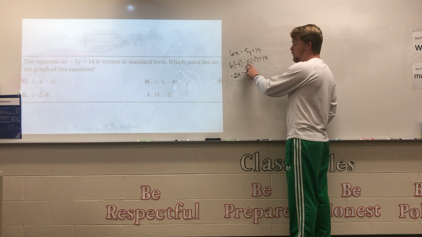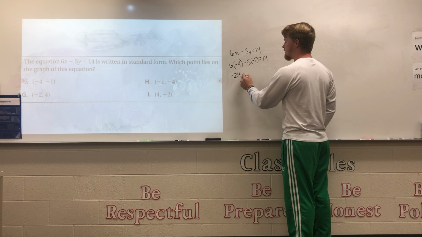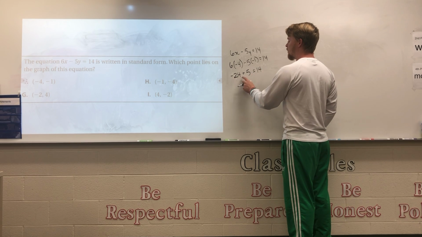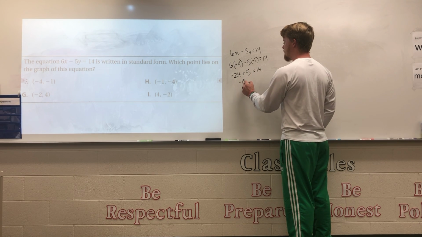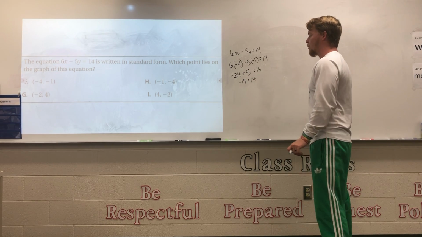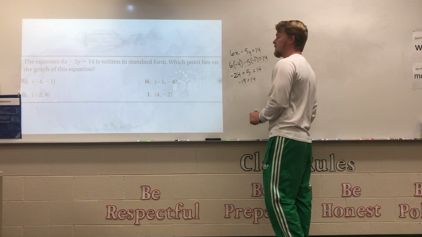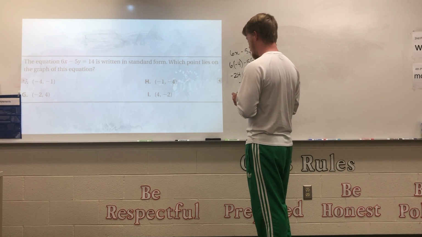Remember, this minus sign goes with the 5, so -5 times -1 is +5. -24 plus 5 is -19. Then I check, does that match 14? It does not. So that tells me that F, or that first choice, -4, -1, is not my answer.